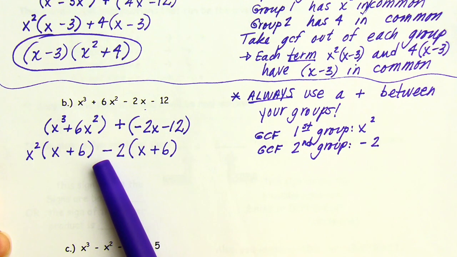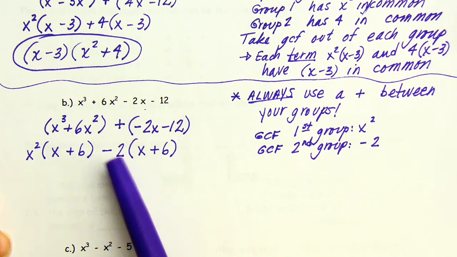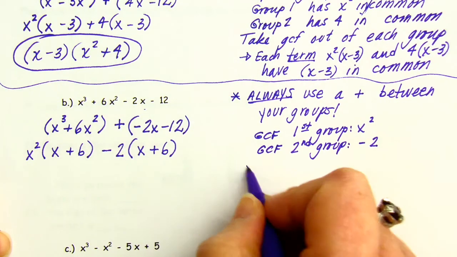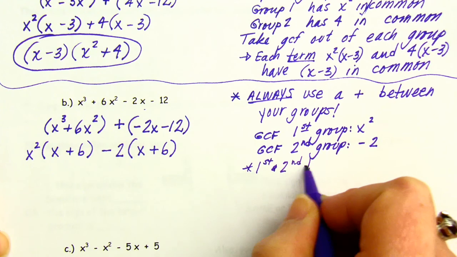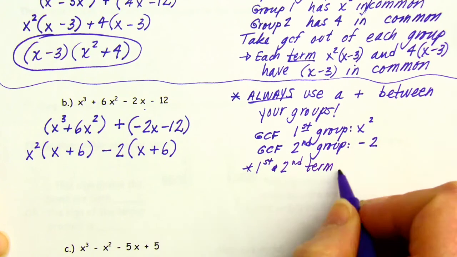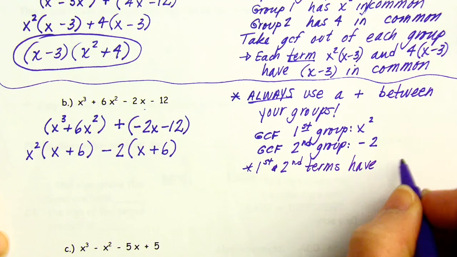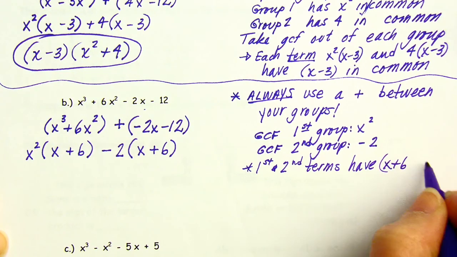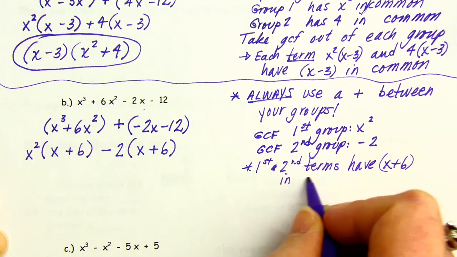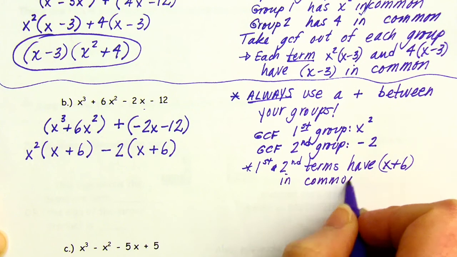Notice that the first term and the second term have an x plus 6 in common. So you're going to factor it out.